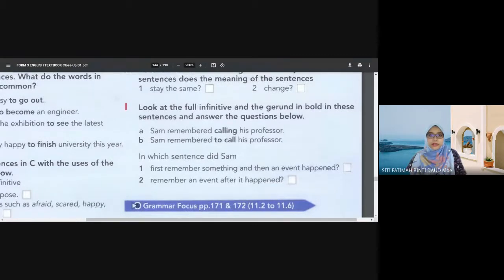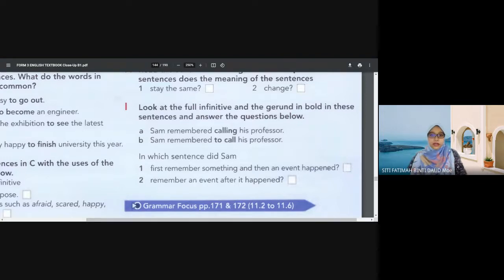Look at the full infinitive and the gerund in bold in these sentences and answer the questions below. Sam remembered calling his professor. Sam remembered to call his professor. So in which sentence did Sam first remember something and then an event happened?